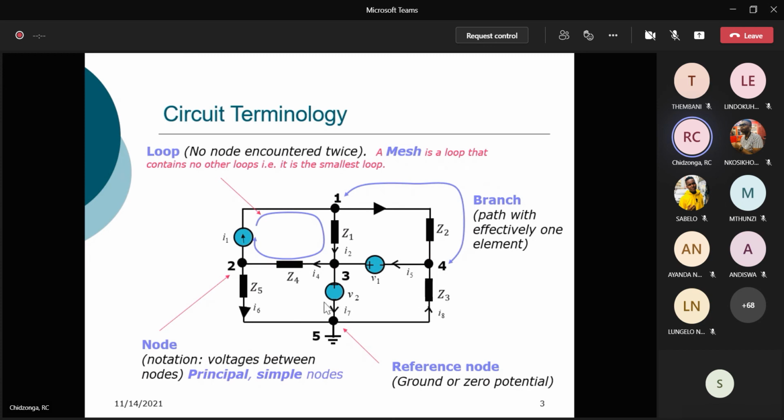Now, another concept which we want to talk about is what we call a loop. Think about the entire circuit that you see as a 4-pane window. For now, forget about all these other elements.